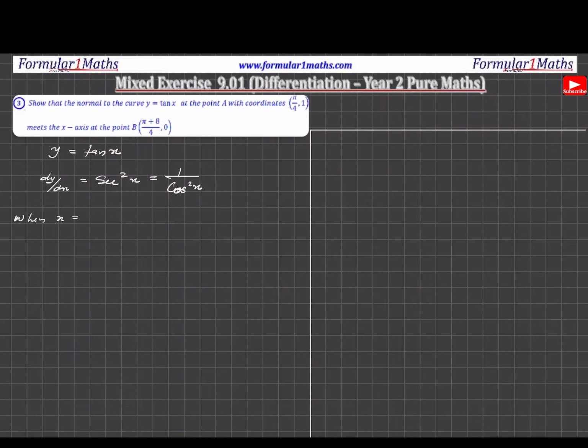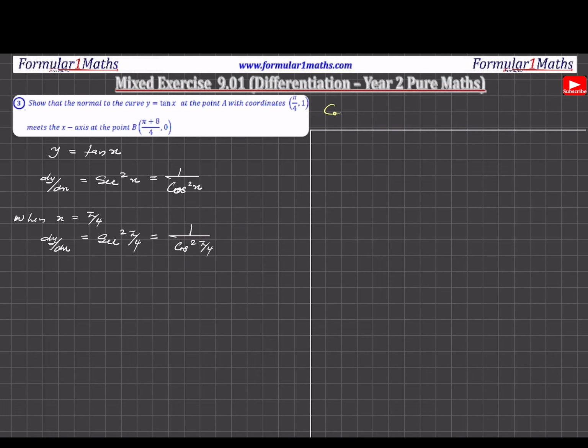But when x is equal to pi over 4, then the gradient function dy/dx is equal to sec squared pi over 4, which in turn is equal to 1 over cos squared pi over 4.